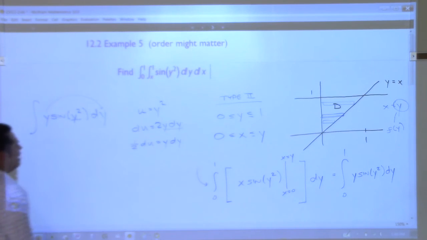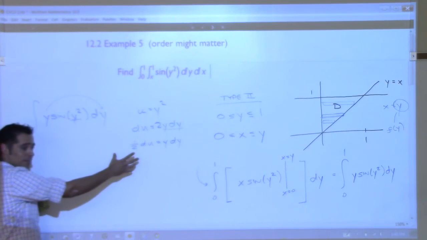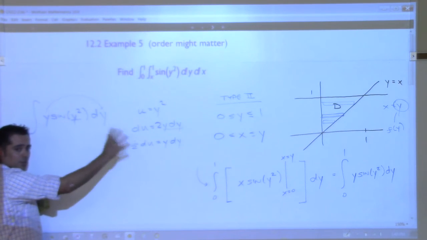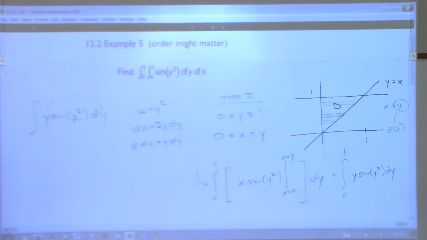So I'm just going to trust you could do this. If you do it a different way and get the same answer, great, as long as you can get to it. This new integral becomes 1/2 sine u du. So the antiderivative of sine is negative cosine.